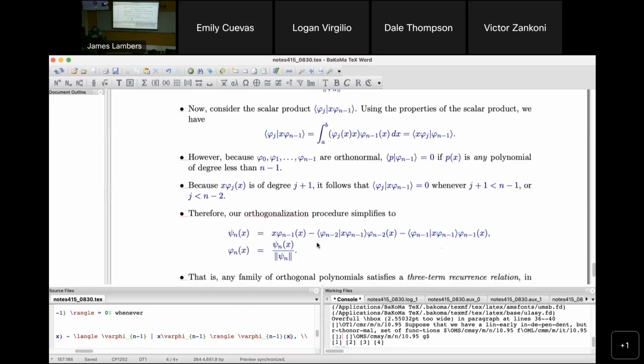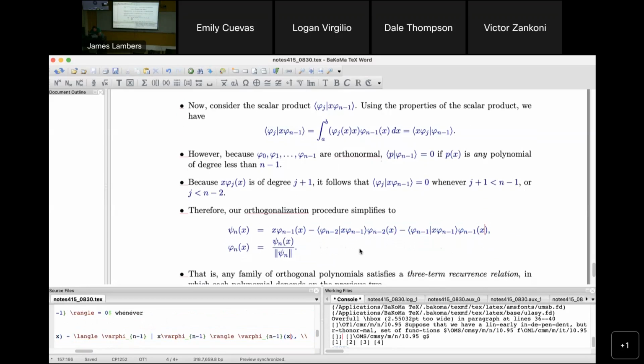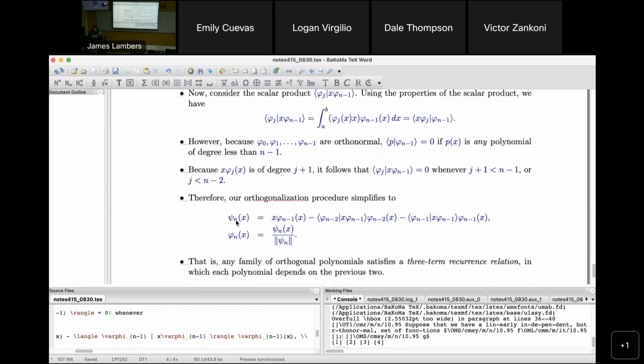So go ahead and compute those, and then we get psi that's orthogonal to the previous phi, then we normalize it to make it orthonormal. In other words, each new orthogonal polynomial depends only on the previous 2. That's called a 3-term recurrence relation. So the new polynomial, the 2 that it depends on, the 3 terms total.